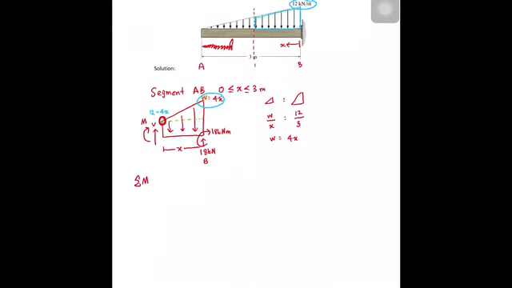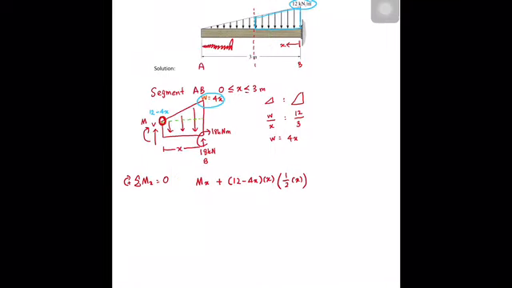Summation of moment at x is equal to 0, clockwise is positive, then you have Mx plus (12 minus 4x) times x, the distance is 1/2 times x.